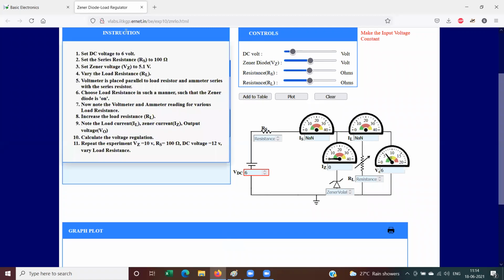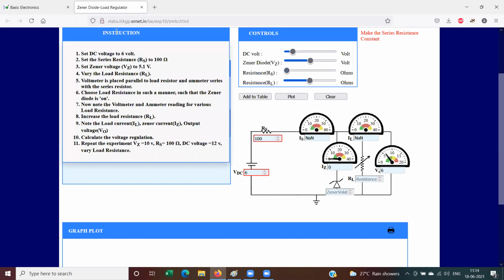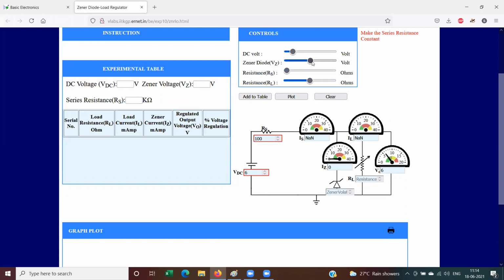Second step. Set the series resistance to 100 ohms. Third step. Set Zener voltage to 5.1 volt. Please complete these 3 steps and let me know.